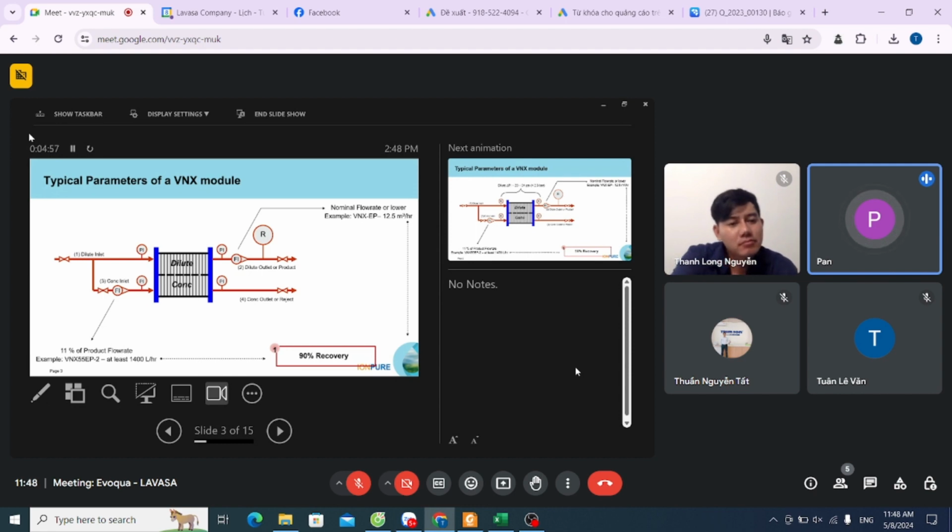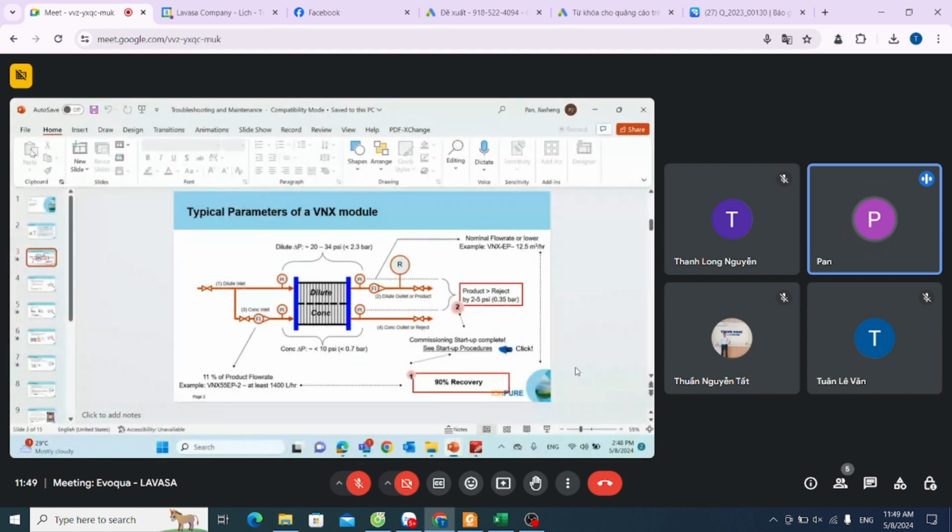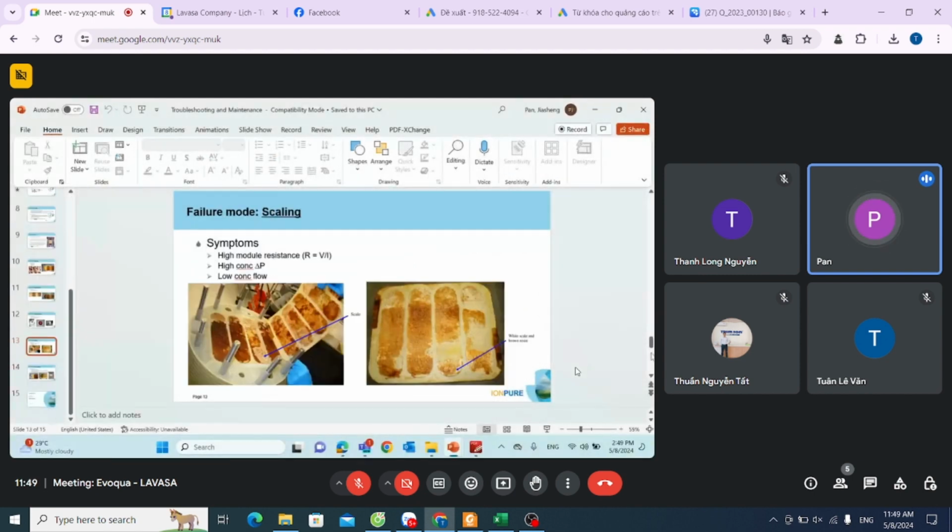So the purpose of the water in the concentrate is to dissolve everything so that it can come out from the module. If there is too little water, you will have scaling that looks like this. All this is calcium carbonate.